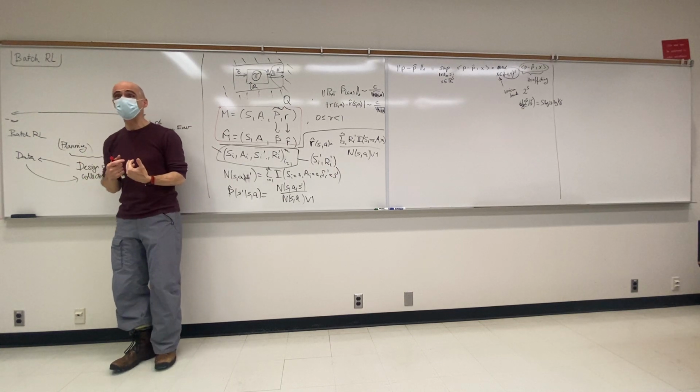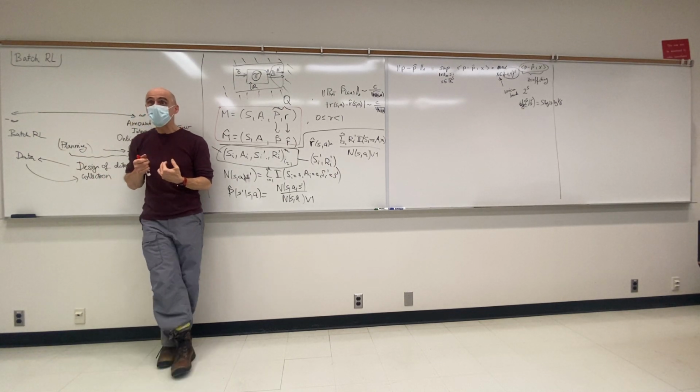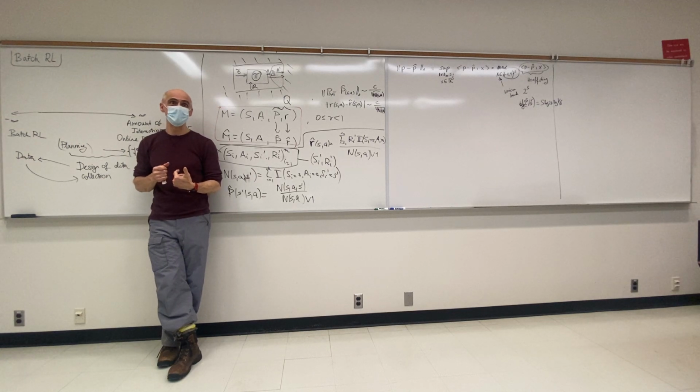And if you didn't know much about the MDP, it would be really hard to choose a policy that forces the counts to be large for each of the state action pairs. There could be some state action pairs which are visited much, much fewer times than some other state action pairs. Right? So now we have to start to worry about whether this is even a legitimate thing to try if you can only run trajectories. This batch learning maybe is doomed.